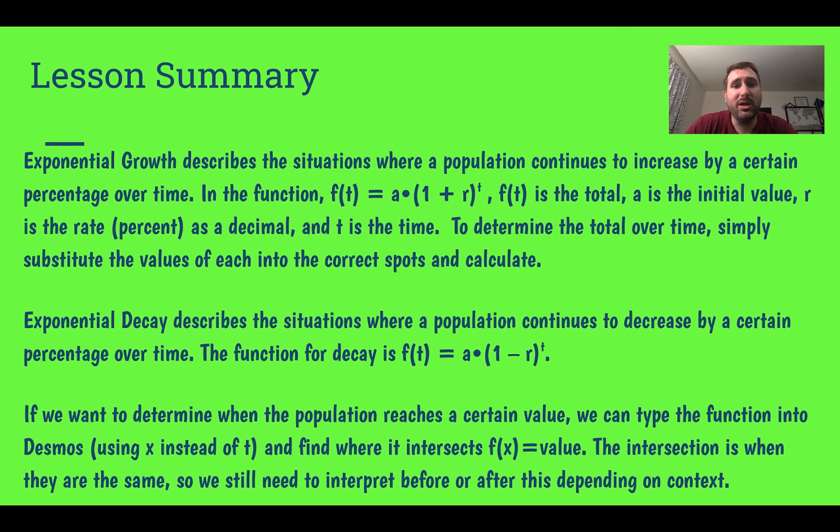To do this, we need the help of Desmos. Make sure you use x instead of t, and then find where your function equals that value. The intersection point there is when they're the same, so you need to still determine if you want it before that total or after that total, depending on the context.